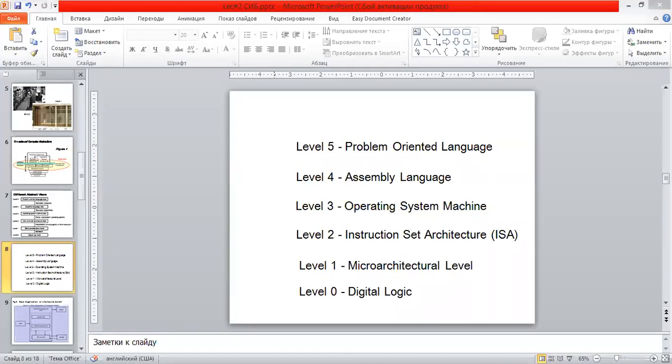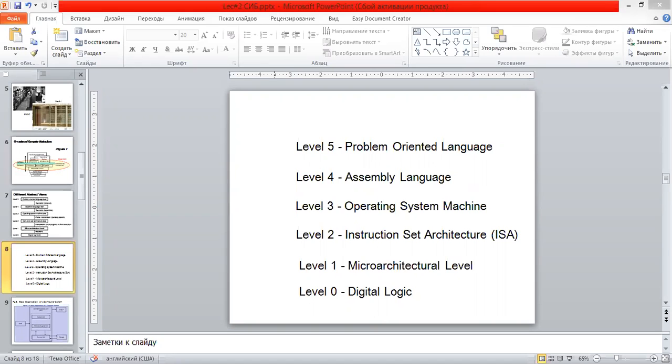You heard about the interpreter and the translator. Okay, so next step, level 5, problem-oriented languages. It provides a convenient interface and applications engine that helps the user produce results specific to a given application area.